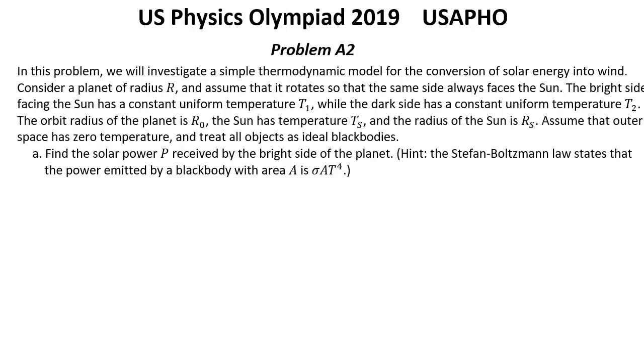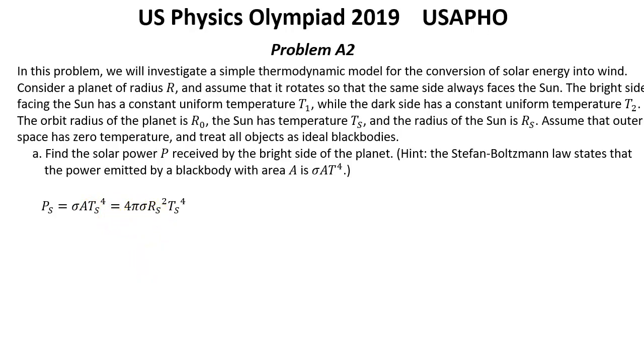Solution. Total power emitted by the sun equals this expression, because the area of the sun's surface equals 4 pi Rs squared.